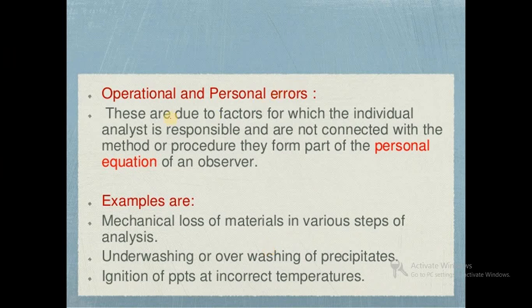In case of operational or personal error, these are due to factors for which the individual analyst is responsible and are not connected with any method or procedure which we carry out for that experiment. Examples are mechanical loss of material in various steps of analysis, underwashing or overwashing of precipitate, and ignition of precipitate at incorrect temperature. These are the operational errors.